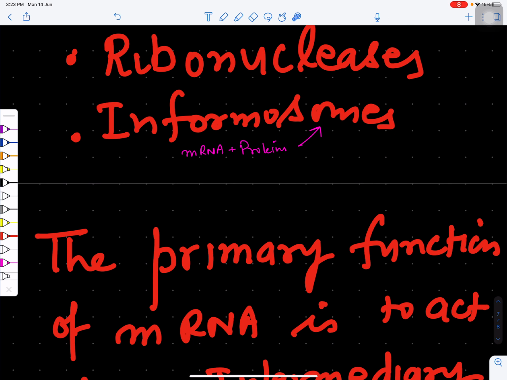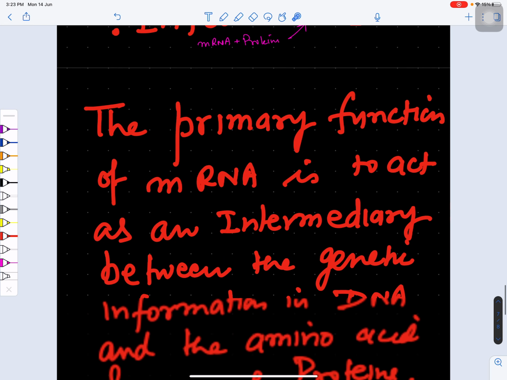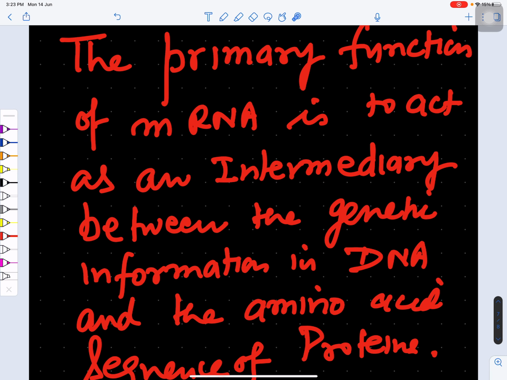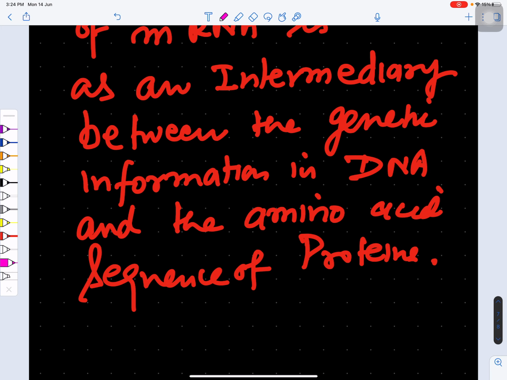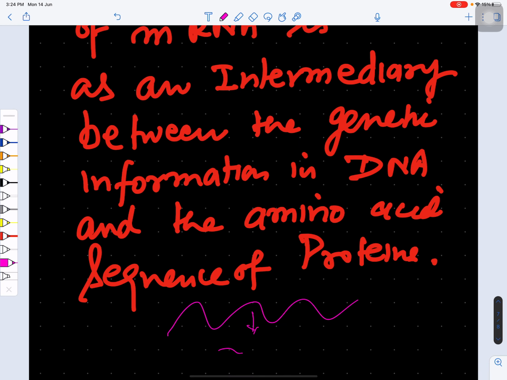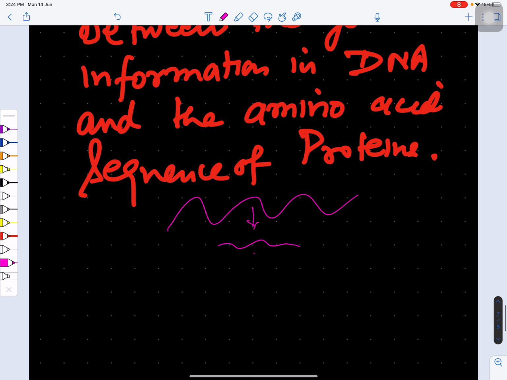So we can say the primary function of messenger RNA is to act as an intermediary between the genetic information in the DNA and the amino acid sequence of the protein. Like we have already seen, this is the template strand of the DNA. Now this will form messenger RNA, and messenger RNA will form a polypeptide chain, that is protein formation.